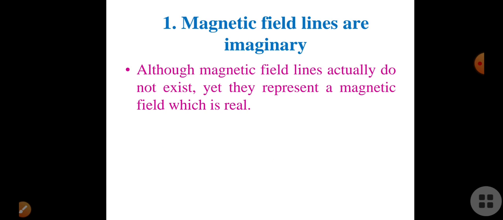These are imaginary lines. We are imagining that the magnetic field is acting in these directions. Although magnetic field lines actually do not exist, they represent a magnetic field. They represent the direction of the magnetic field, and the magnetic field is a real thing. We observe that, we feel that.